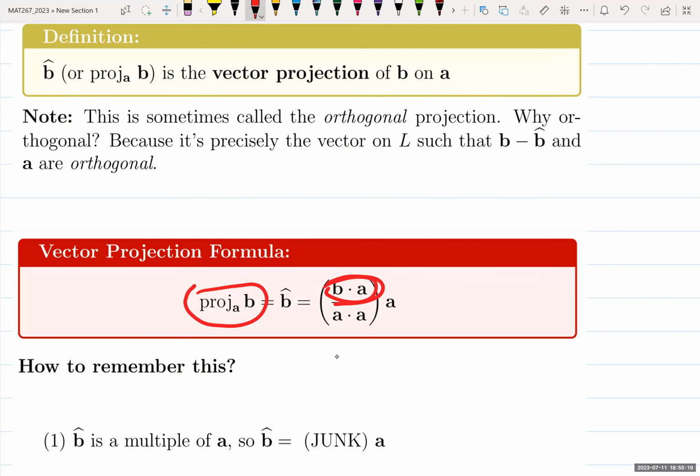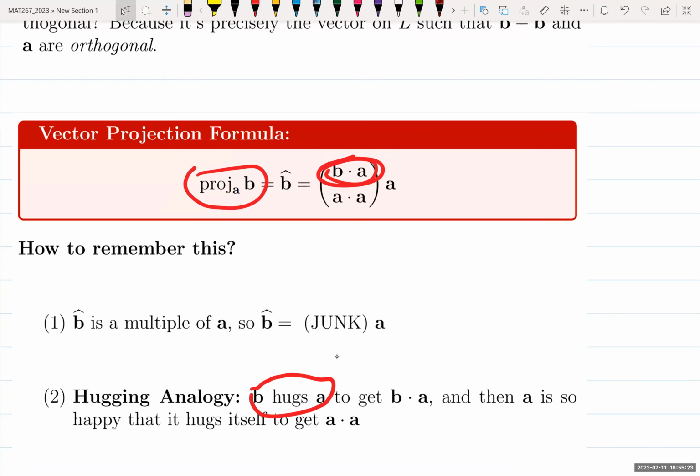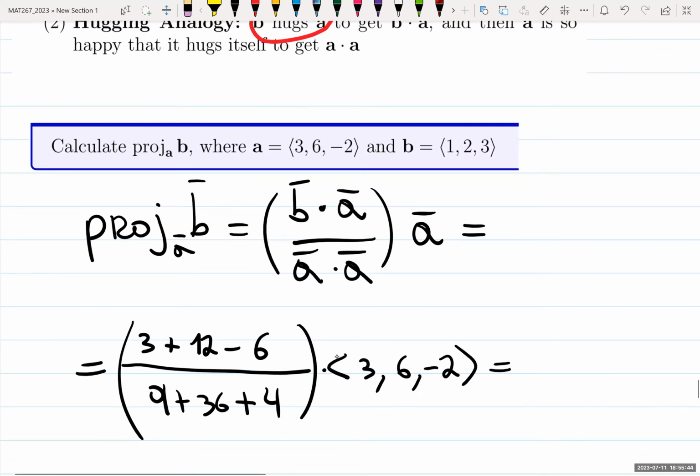So B hugs A at the top to become A, so that's how you get B times A, because it hugs. Then A becomes happy and hugs itself. And then at the end, you multiply by A. There's no cute phrase about that. You just need to remember to multiply by A. That's what he told me. I kind of thought it was cute.